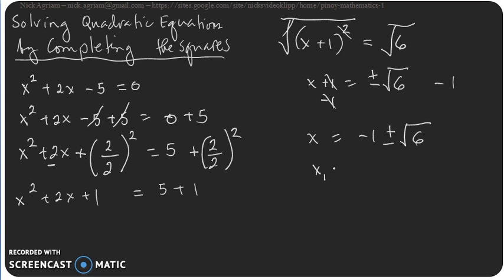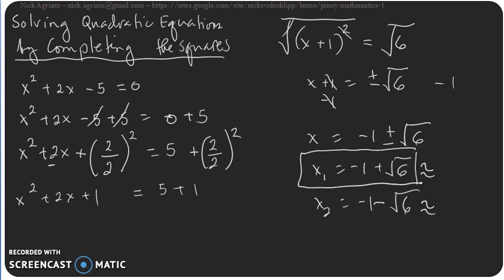So your x sub 1 is equal to negative 1 plus square root of 6. Your x sub 2 is equal to negative 1 minus square root of 6. Oh, sorry, not plus, it's minus. If you are allowed to use a calculator, then you can write approximately what that is. But this is the exact solution, x sub 1 and x sub 2.